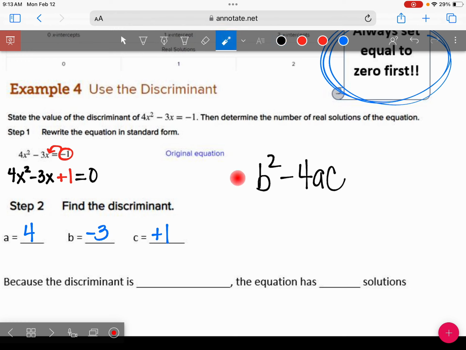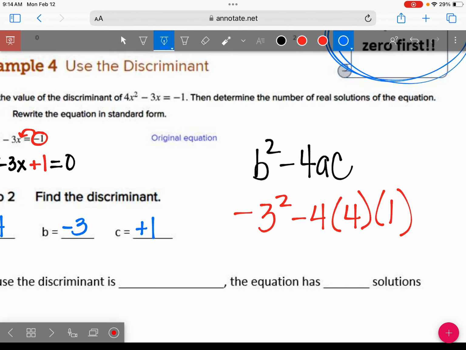And to be consistent, because this is squared, I always want you to put this in parentheses. If you type this in your calculator like this, you will get the wrong answer every single time. It is so important that in your calculators, you add parentheses around the -3, just like that.